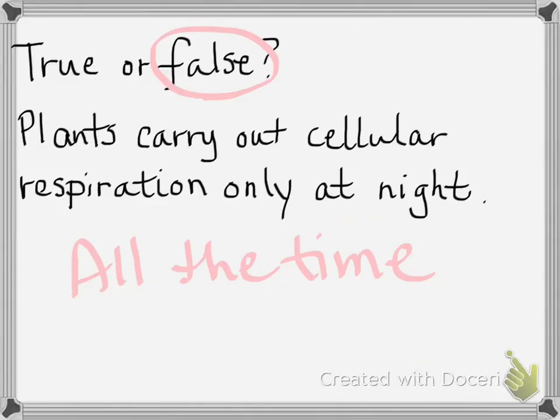When do cells need ATP? All the time. All cells need ATP all the time. So plants are doing cellular respiration every day, every night, all the time. So that's what makes this false. You do too. All cells do.